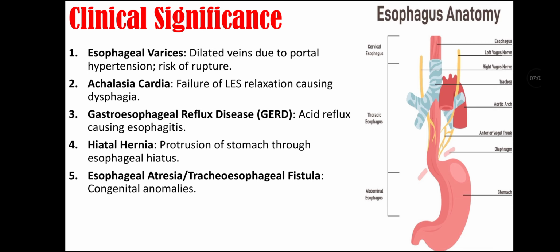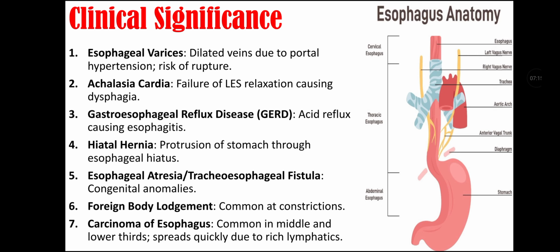Fifth significance is esophageal atresia or tracheoesophageal fistula. These both are congenital anomalies. Sixth significance is foreign body lodgement, that is common at constriction areas. Seventh significance is carcinoma of esophagus, that is common in middle and lower thirds areas and spreads quickly due to rich lymphatic system.